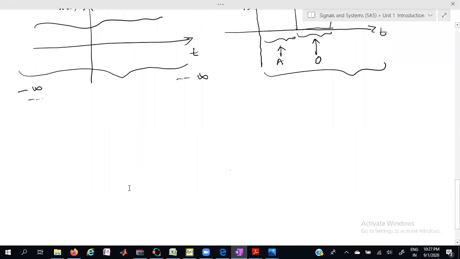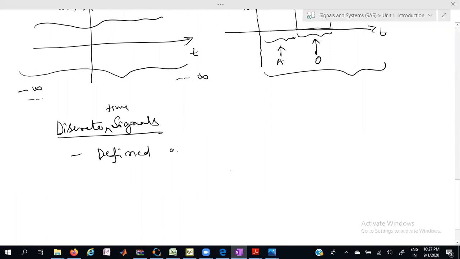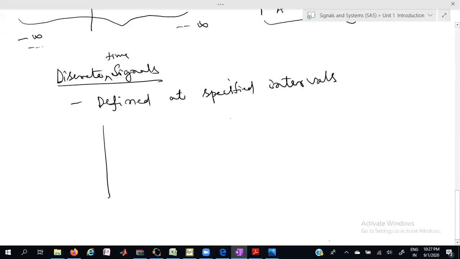Coming to discrete time signals, as the name itself says, discrete time signals are those which are defined at specific intervals. They are defined only at specified intervals. For example, this is an example of a discrete time signal.